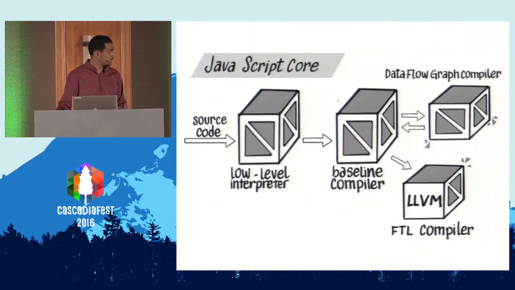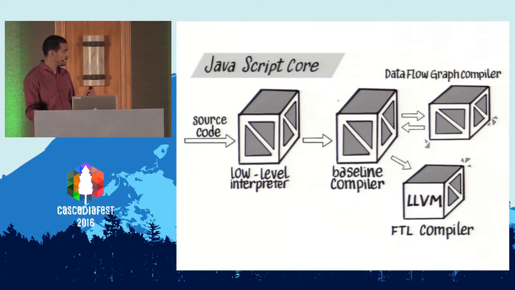JavaScriptCore also has a 4-tiered architecture: an interpreter, a non-optimizing compiler, and two optimizing compilers, DFG and FTL. In all of their compilers, JavaScriptCore is taking advantage of inline caches as well. If a statement executes more than 100 times, or the function is executed more than 6 times, then it will be compiled using the baseline compiler.